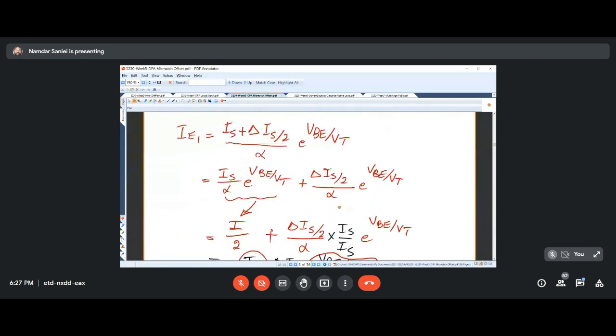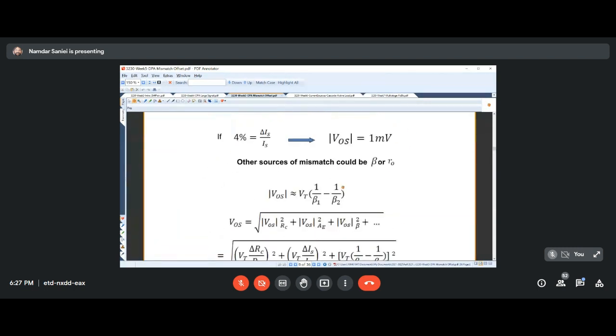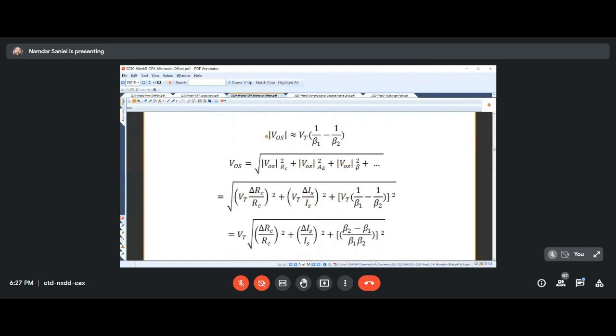And we basically realized that if we want to add up all these input offsets due to the mismatches between the two branches of the circuit, we have to add them up like a vector, because they are independent processes, so we should add them up statistically, as a vector.